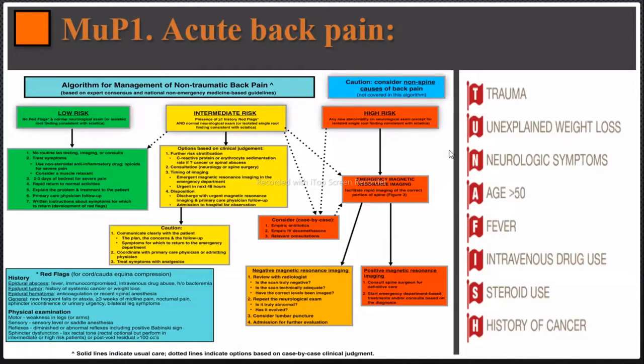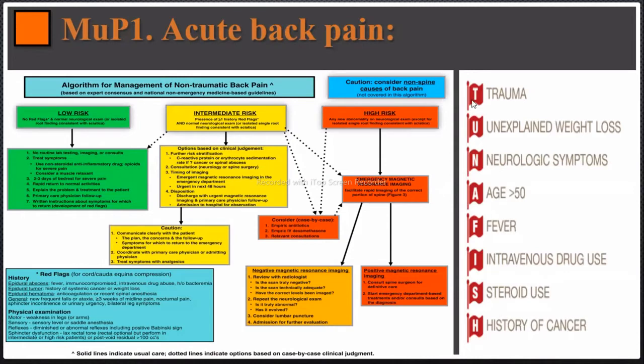The red flags: if trauma is mentioned in the scenario, it's a red flag, it needs X-ray or any imaging, whether X-ray or MRI or CT. If you have suspicion of a bone problem, X-ray or MRI or CT. If you have suspicion of malignancy, MRI. If you have suspicion of any spinal cord problem, MRI.